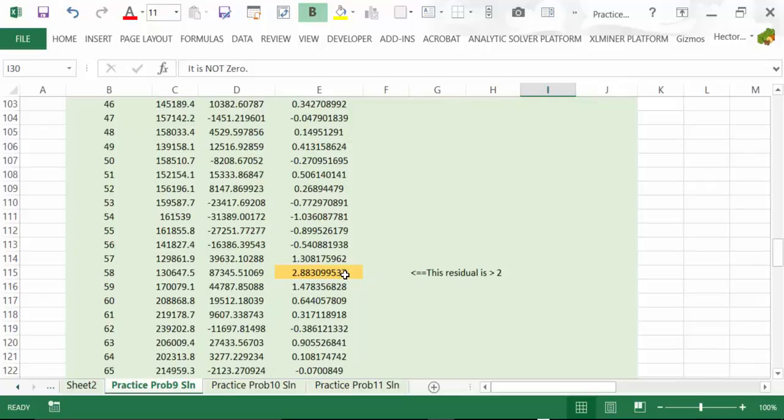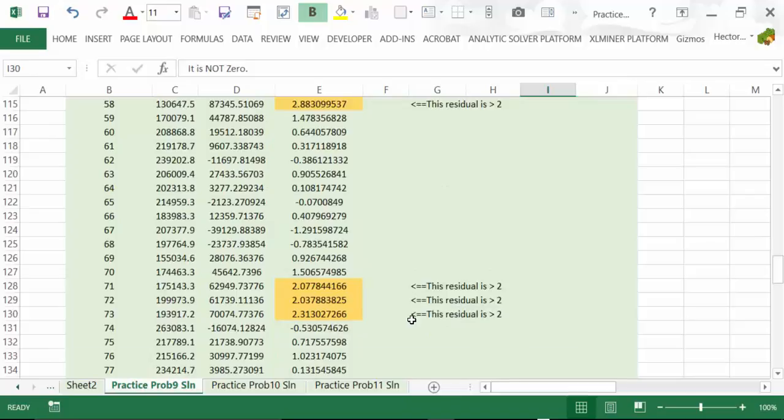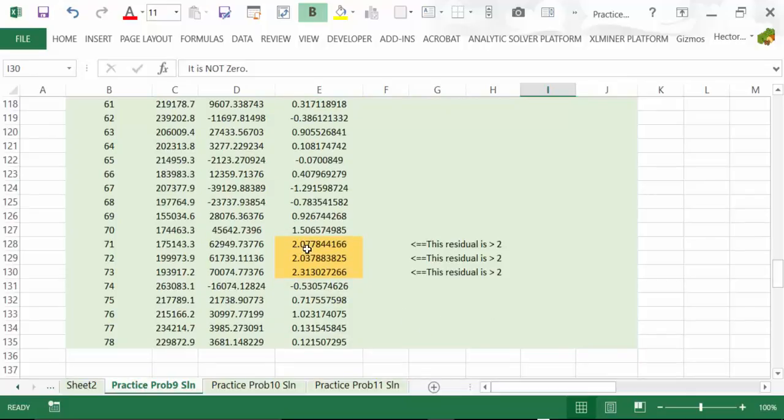It is almost 3 standard deviations away from the mean. So this is a big miss in terms of prediction versus what actually happened in the model. And then there are 3 others that have residuals greater than 2. We're often concerned about these misses in terms of prediction versus actual value.